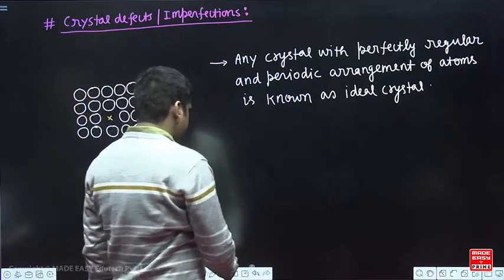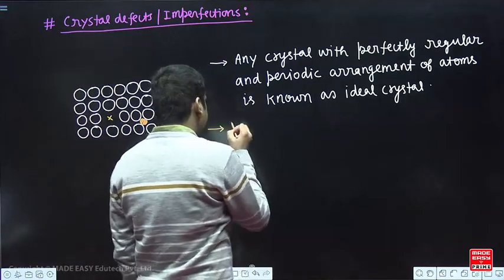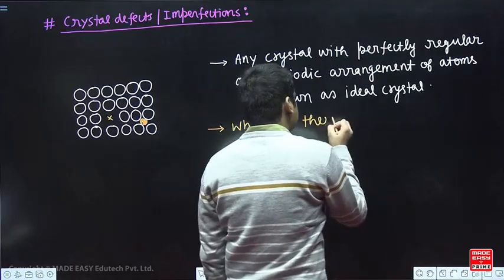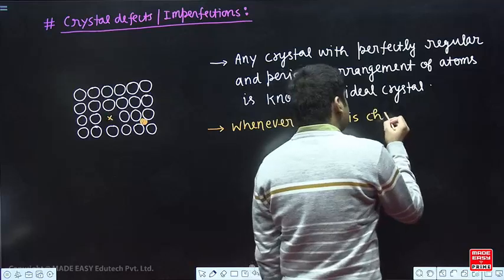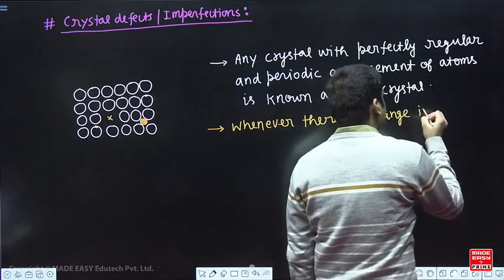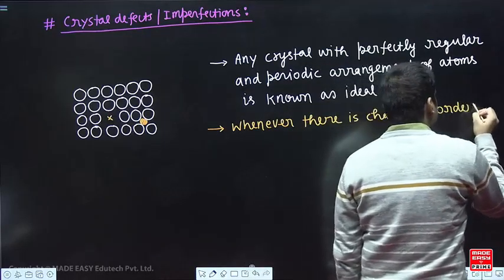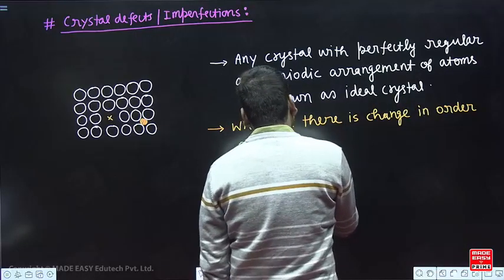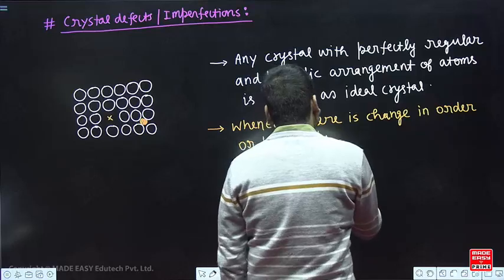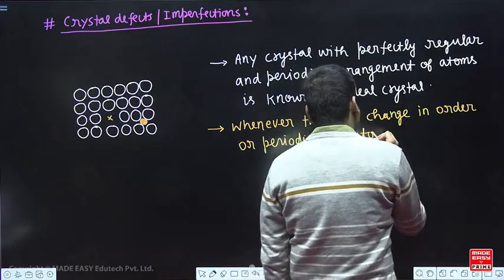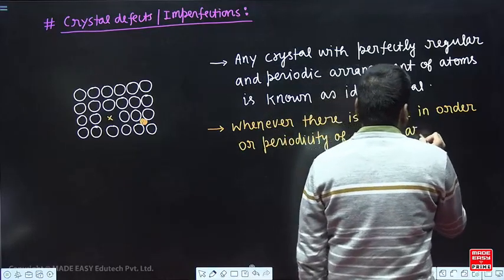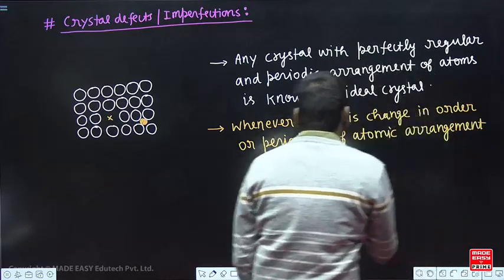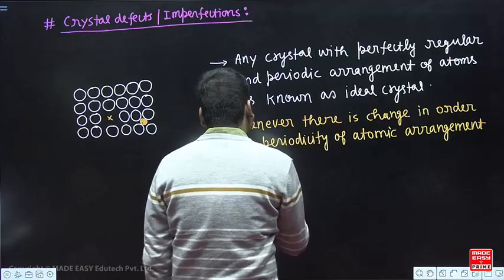So next point here we will be writing: whenever there is a change in order or periodicity of atomic arrangement, then a crystal defect is formed.